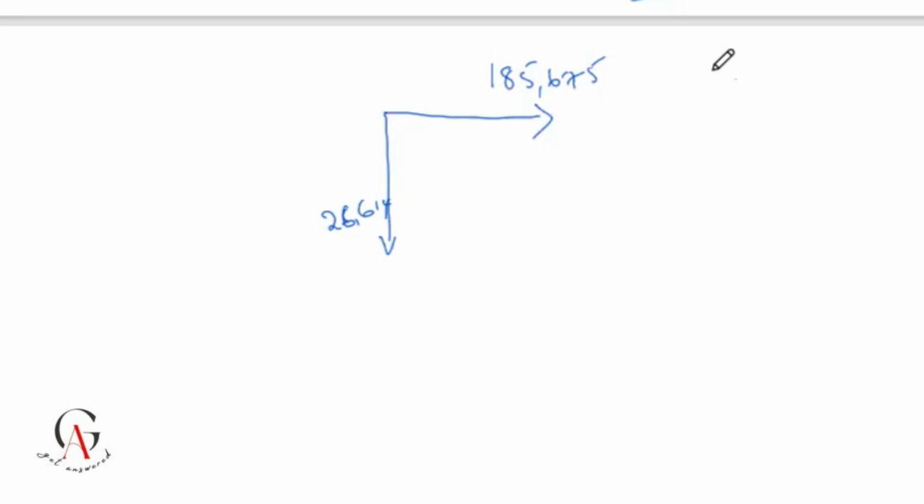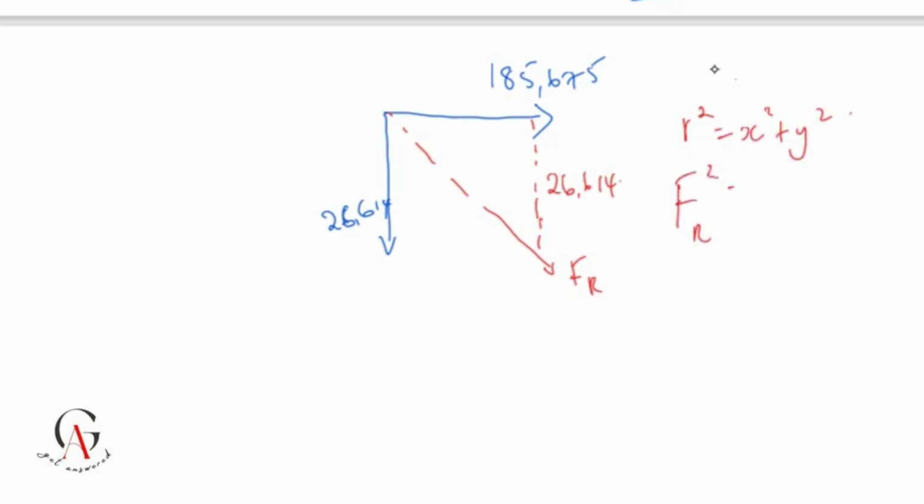So my resultant is going to be here, F resultant. I'll have to use my theorem of Pythagoras. R squared is equal to x squared plus y squared. Or you can say that our FR squared should be the F horizontal squared plus the F vertical squared.